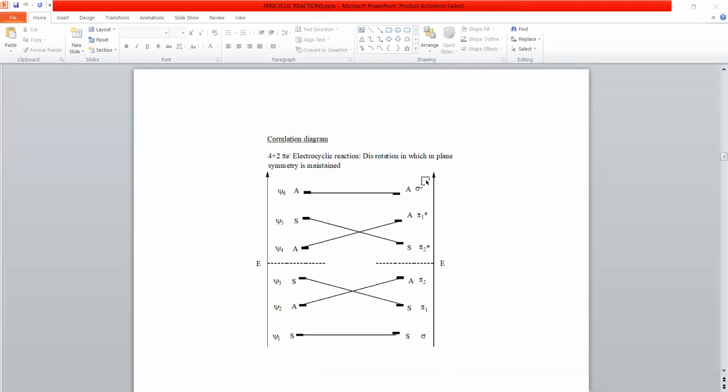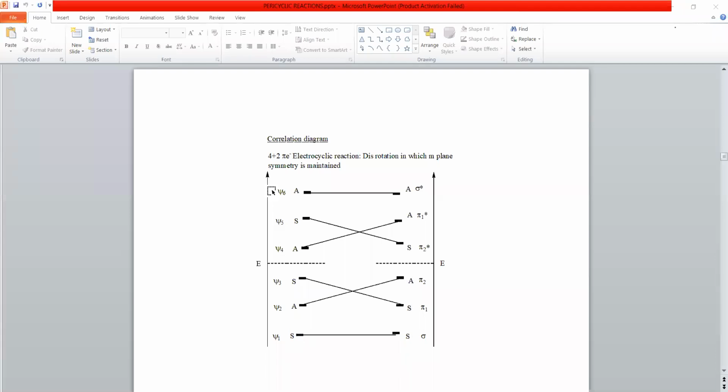So here we write the 6 molecular orbitals of cyclohexadiene. Sigma, pi1, pi2, these are bonding orbitals, pi2 star, pi1 star and sigma star. These are anti-bonding molecular orbitals of the cyclohexadiene, and these are the symmetry properties of these 6 molecular orbitals with respect to the mirror plane symmetry.